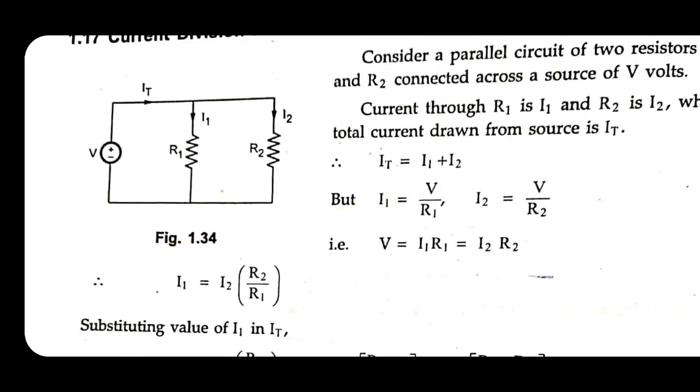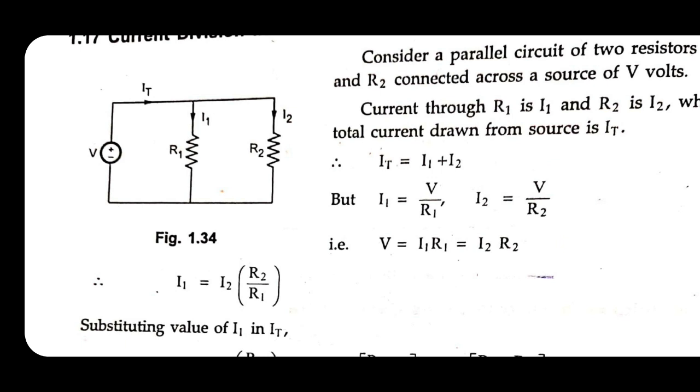Suppose you want to calculate the current I1. What is the opposite resistance of R1? R2 is the opposite resistance, divided by the total resistance, R1 plus R2.